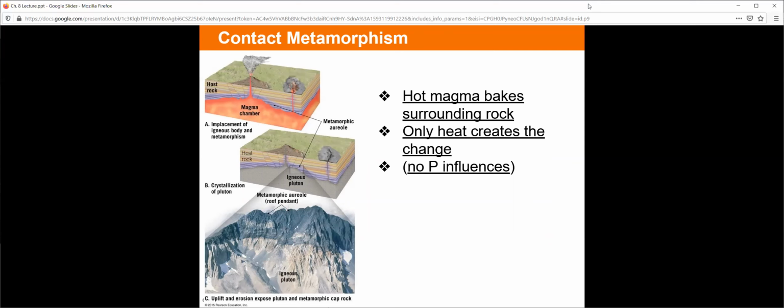Here we can see a mountain range that has igneous pluton on the bottom, but metamorphic roof rocks on top, because that magma chamber heated up the surrounding rock enough to metamorphose and create whatever that top layer happens to be. I can't tell from this picture, it's pretty far away.